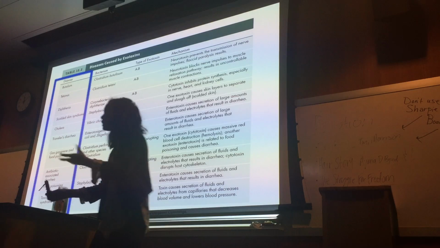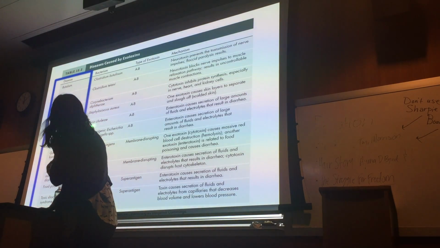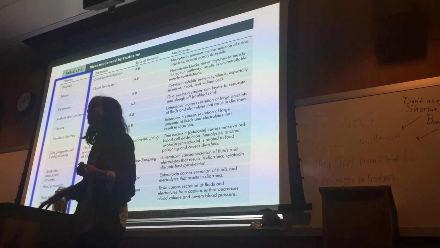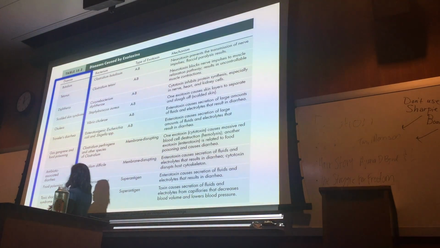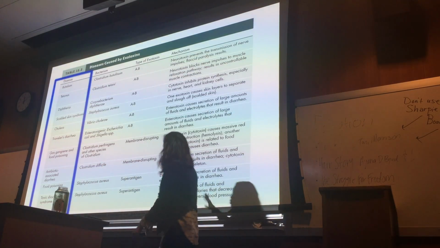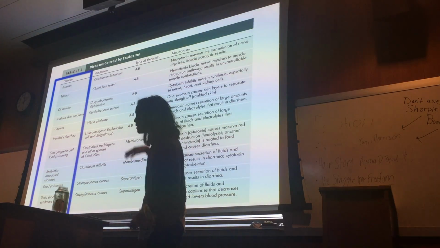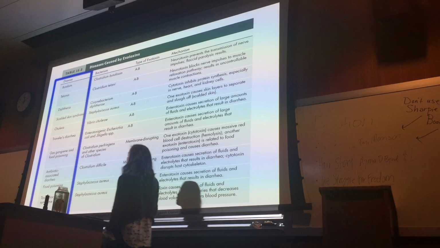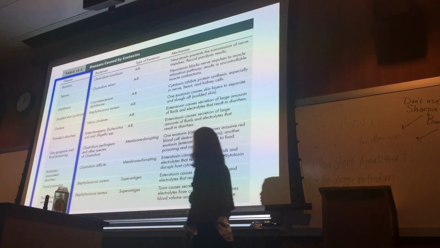People don't have access to clean water, and that's all mediated by toxin too. And then diarrhea, food poisoning, a lot of that's all due to a toxin. And we're going to talk about the bottom one, which is toxic shock syndrome. That's usually also driven by toxins. So these are a lot of diseases that we've probably heard of some of them, and they're usually all linked to some sort of toxin.